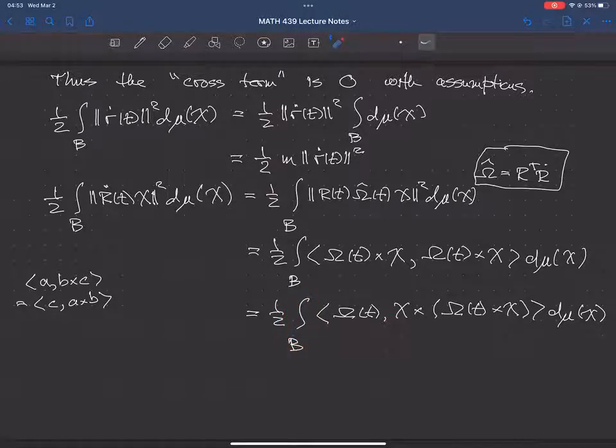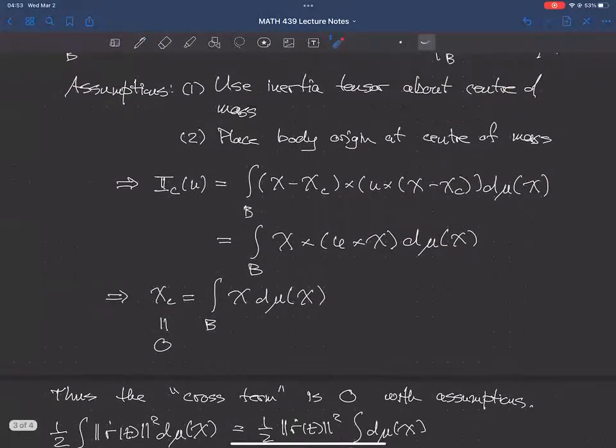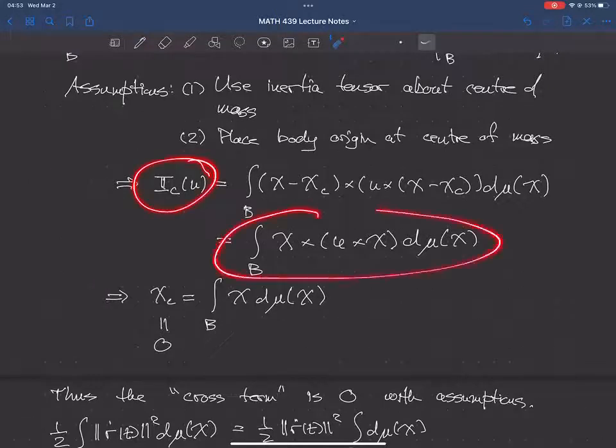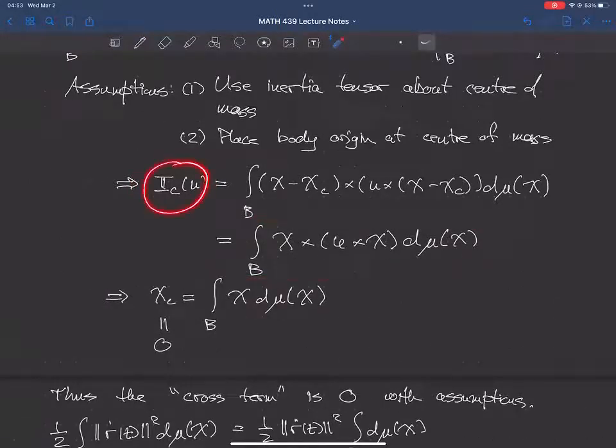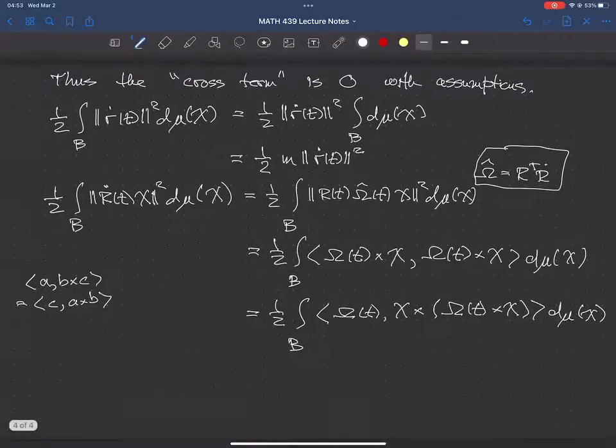And in doing so, we're going to get the integral of that thing over the body, but with our assumptions, that is just the inertia tensor applied to the vector omega of t. So this is 1/2, and I'm going to write it in a different order. Inertia tensor with respect to the center of mass. That's a symmetric positive semi-definite 3x3 matrix.